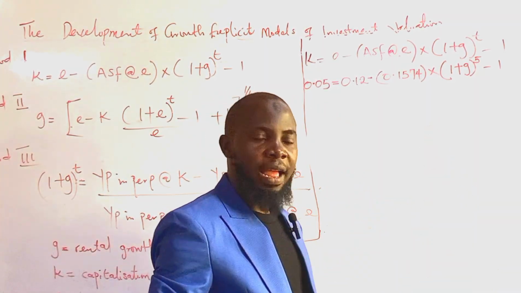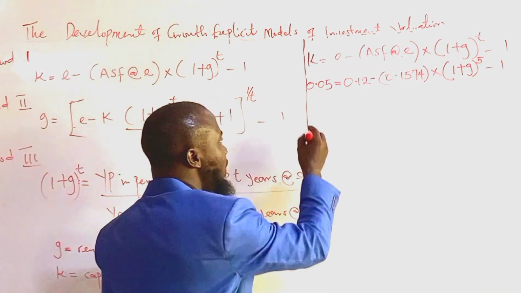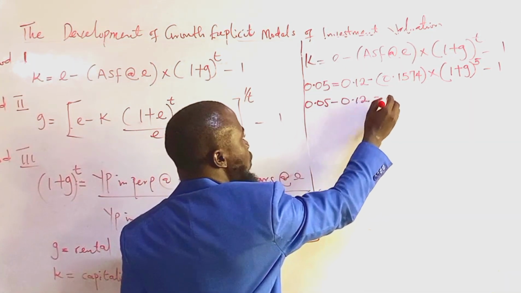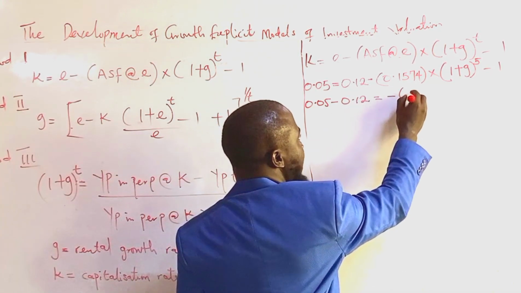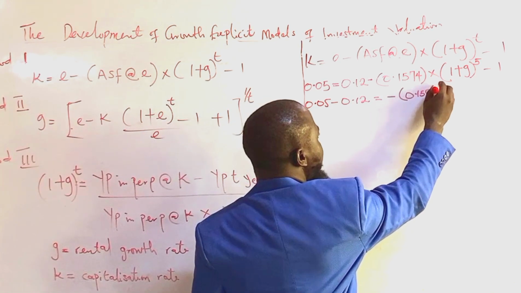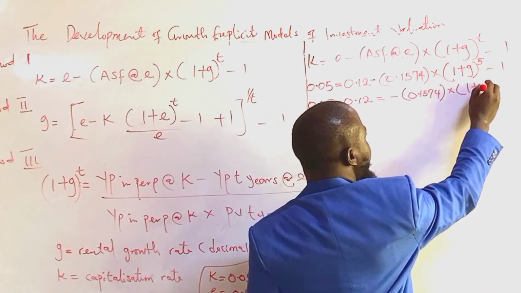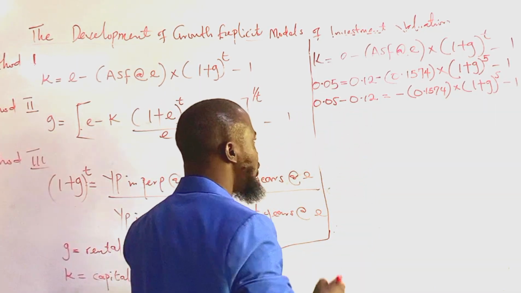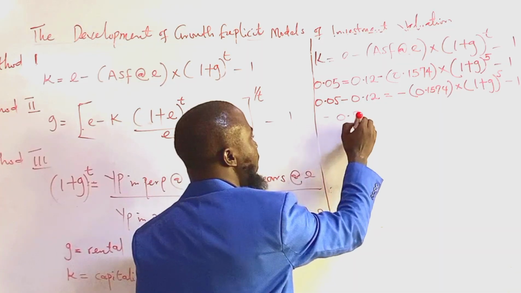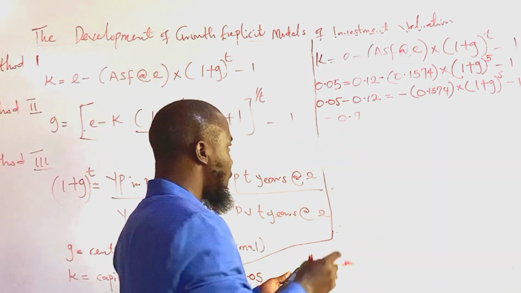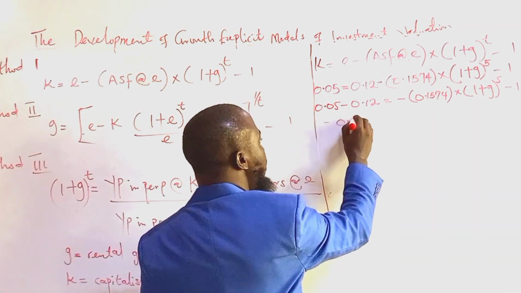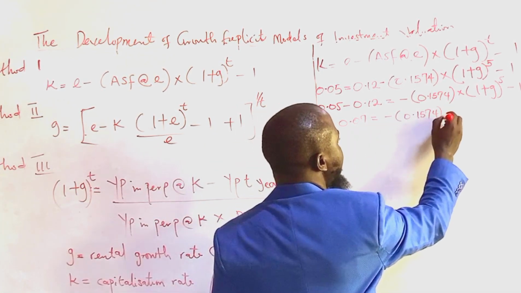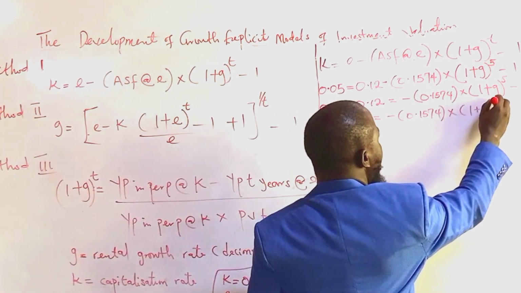Now, these are what you need now. Apply the normal mathematics, the normal simple arithmetics. You have this 0.05 minus 0.12 equal to minus, open bracket, 0.1574, close the bracket, times 1 plus g, all raised to the power 5 minus 1. When you subtract this, 0.05 minus 0.12, we have 0.07 equal to minus 0.1574 times 1 plus g raised to the power 5 minus 1.